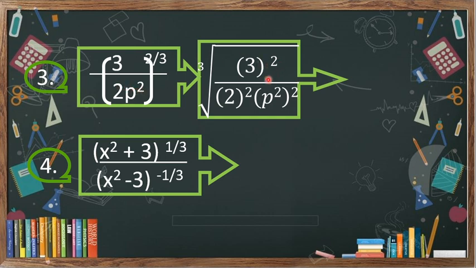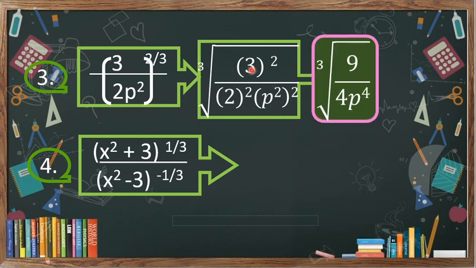Just distribute the exponent. Just multiply 3 twice because the exponent is 2. 3 times 3, the answer is 9. 2 squared is 4 because 2 times 2 is 4. And applying power of a power here, 2 times 2, we get 4. Alright?